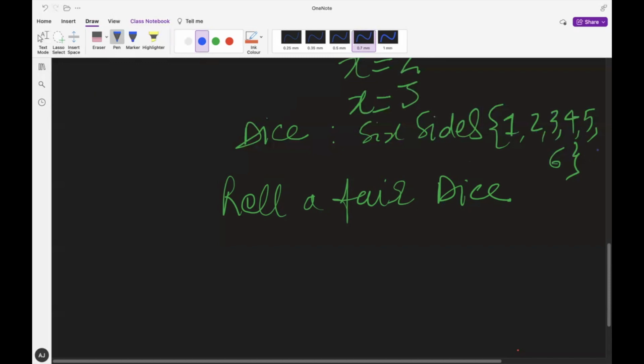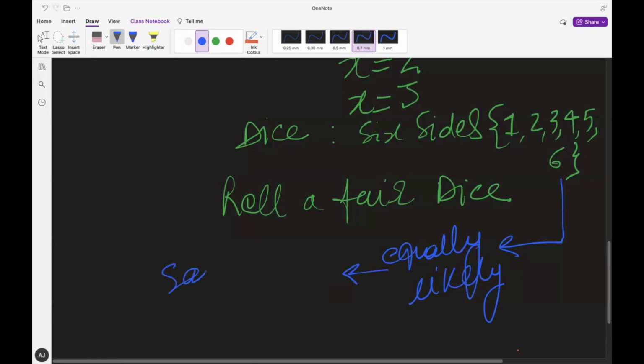And all of these outcomes are equally likely. The term equally likely in terms of probability refers to a situation where each outcome of an experiment has the same chance or probability of occurring.